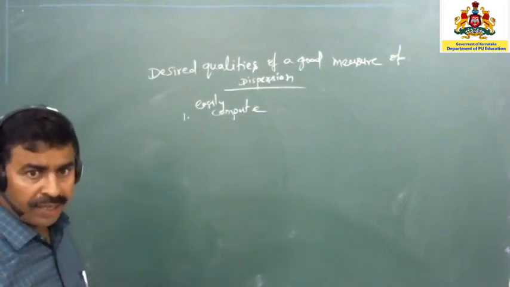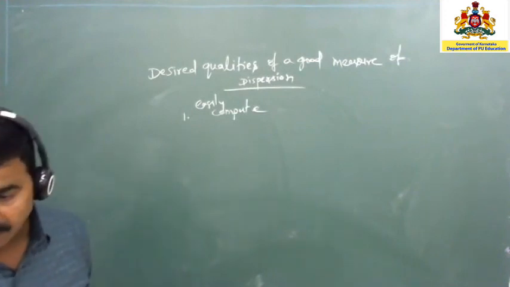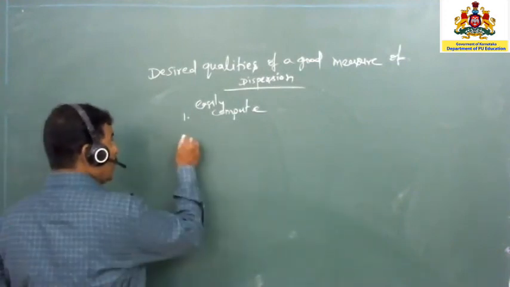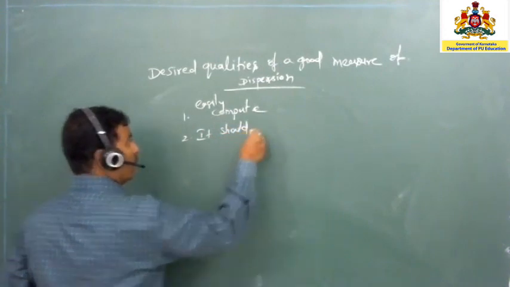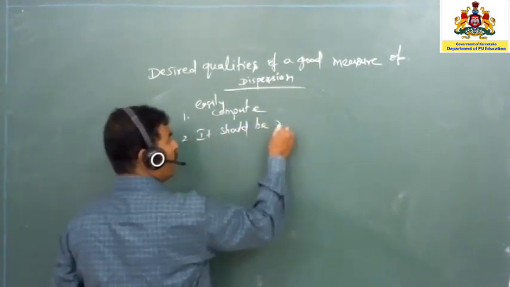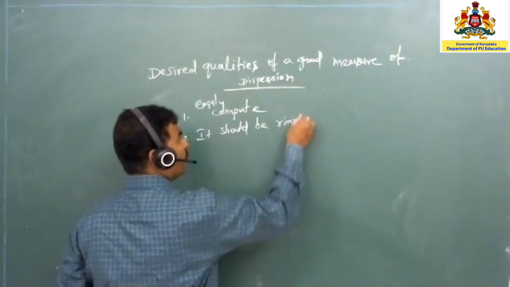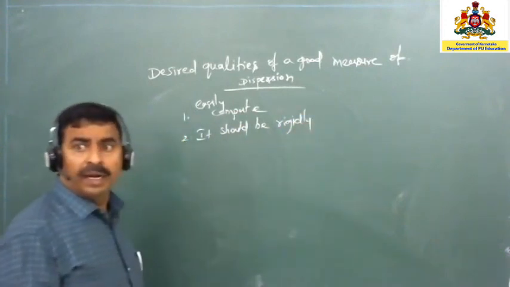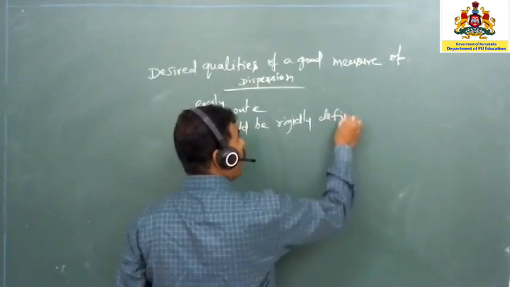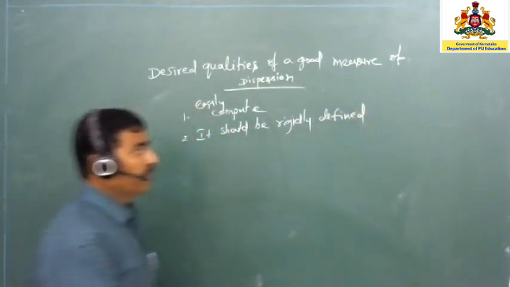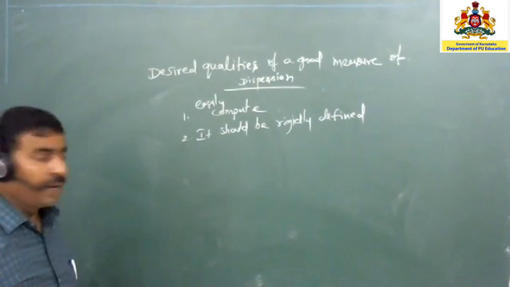Compared to the number of measures that are there, the first quality is that it is easily understood. Then it should be rigidly defined.